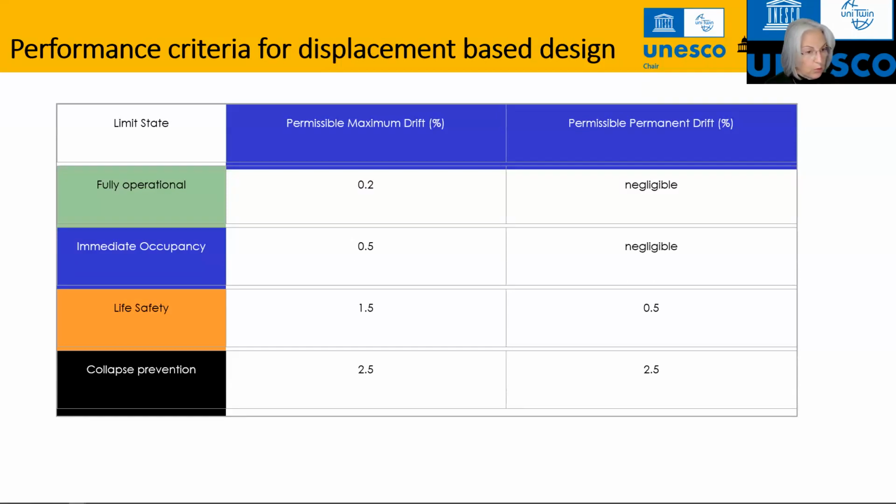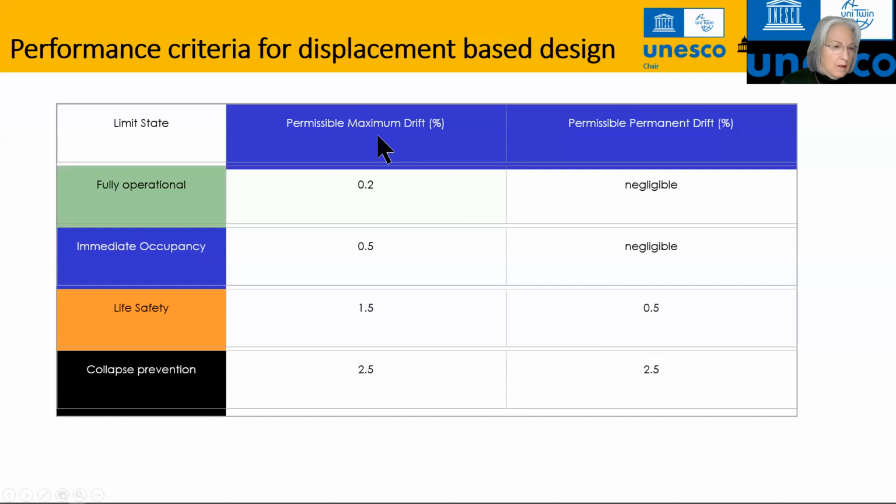Very importantly, when we perform a pushover analysis or a dynamic analysis, ultimately we create an equivalent backbone curve, and on this backbone curve we identify drifts, which are an identification of the overall global damage and of the different performance levels.